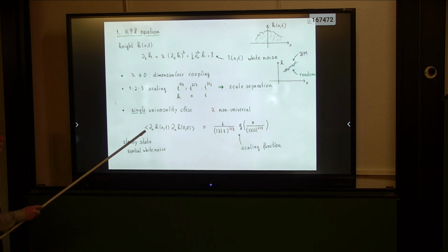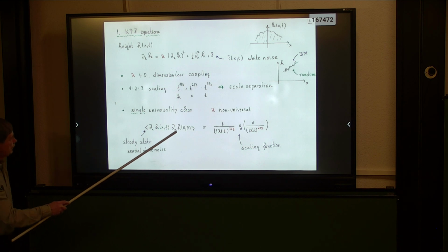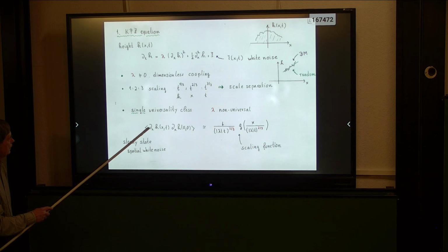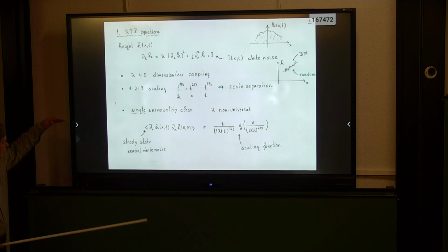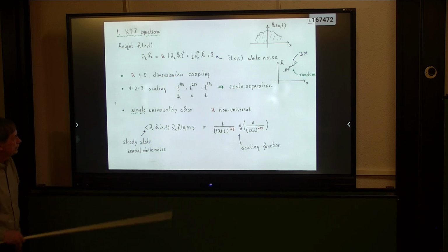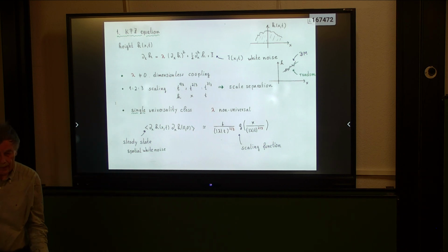Here you see the correlation of the gradient of the height field at 0 and at space-time x, t, and I do the average over the steady state. The steady state is, as I said, spatial, mean zero, spatial white noise, which you can check directly from this equation. So this average is over noise.